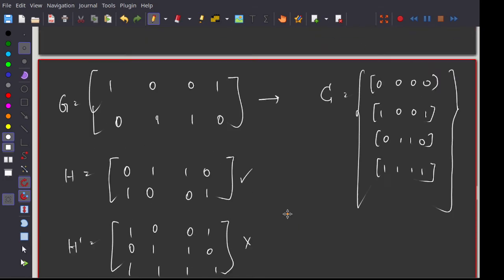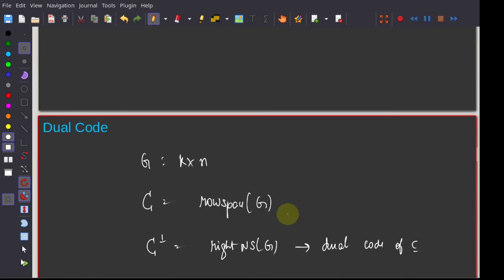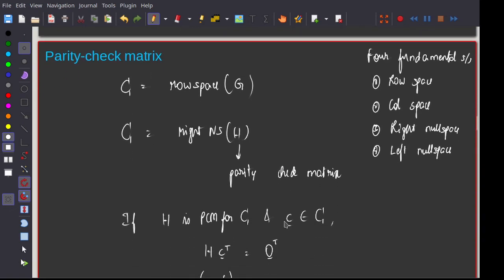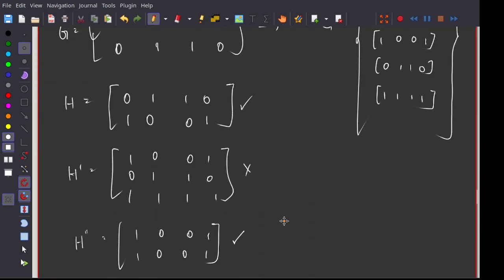So let us go back. What is the definition of a parity check matrix? Any matrix for which the code is the right null space of that particular matrix is a valid parity check matrix. So now let us revisit our example.